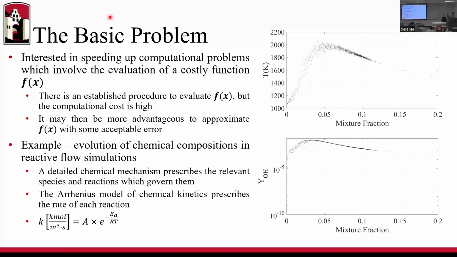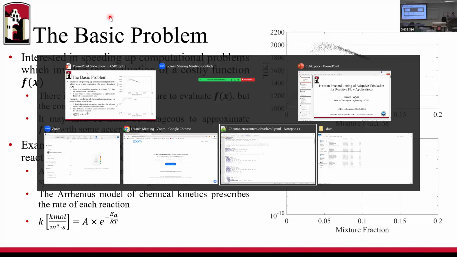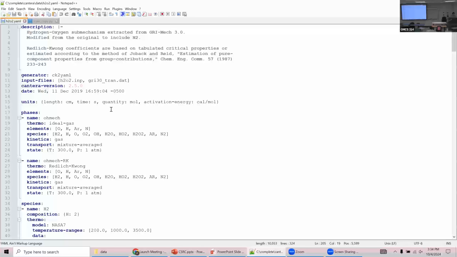So to give you a taste of what these chemical mechanisms look like, here is the one that we'll be using today. This is a 10-species chemical mechanism for hydrogen combustion. And basically, the reaction that we learn in high school physics, high school chemistry, is H2 plus O2 gives us H2O. That is a very simplified global reaction of basically what we end up with.